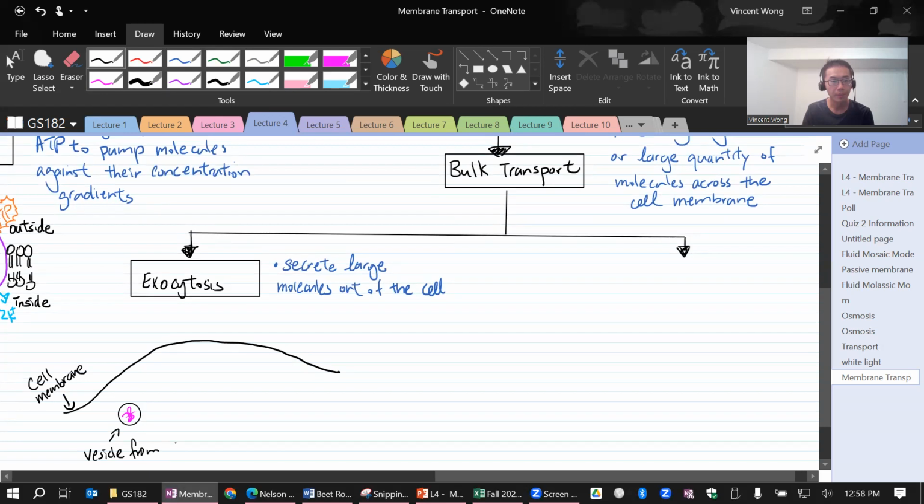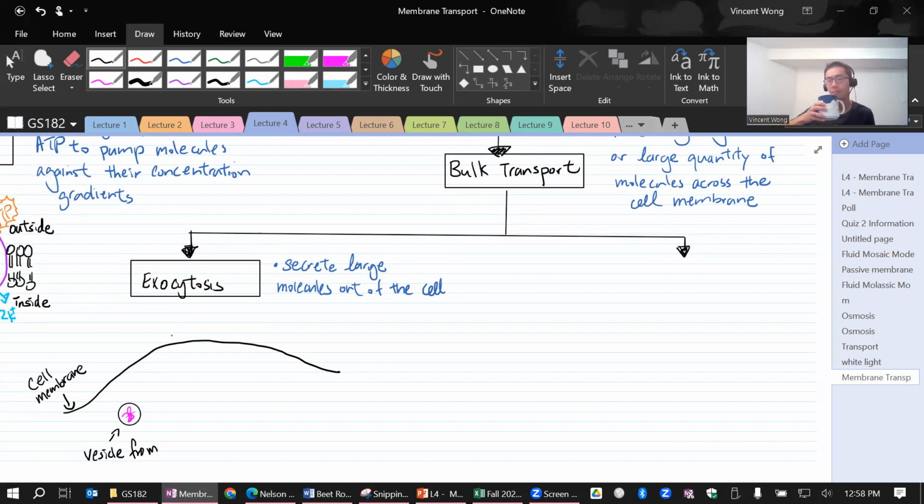Where do you think the vesicle is from? Do you remember from lecture 3? Where do we get these nice round vesicles that have been sorted, modified, and repackaged? Where is it from?